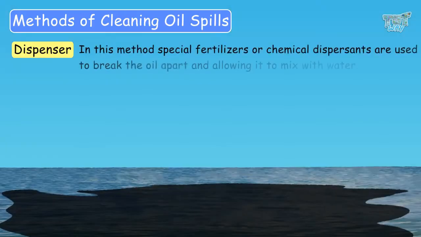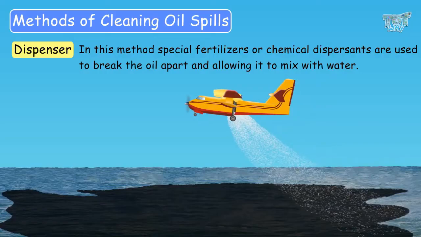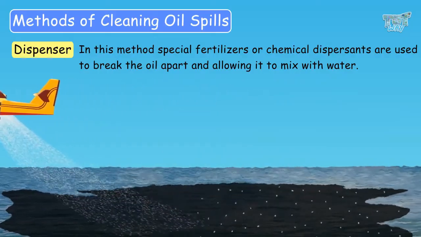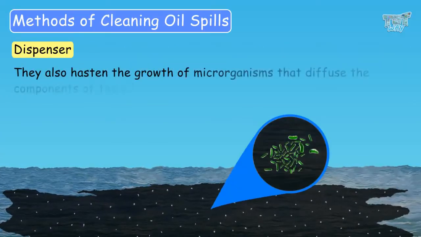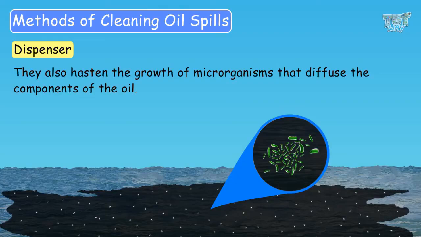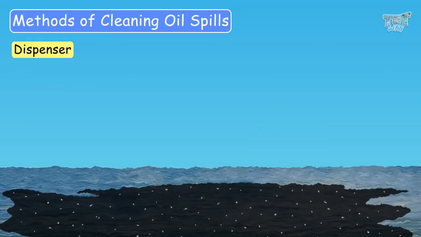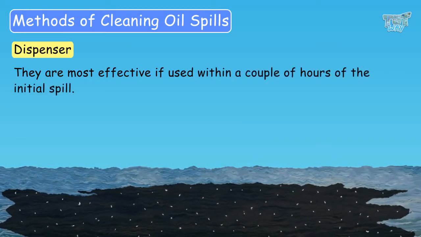In this method, special fertilizers or chemical dispersants are used to break the oil apart, allowing it to mix with the water faster. They also hasten the growth of microorganisms that diffuse the components of the oil. These dispersants are most effective if used within a couple of hours of the initial spill.